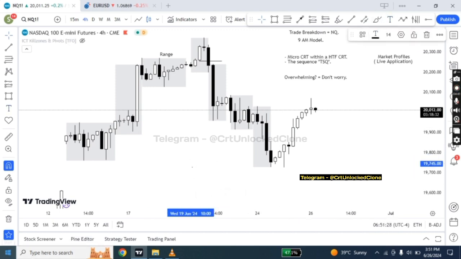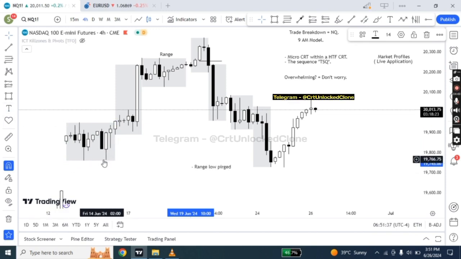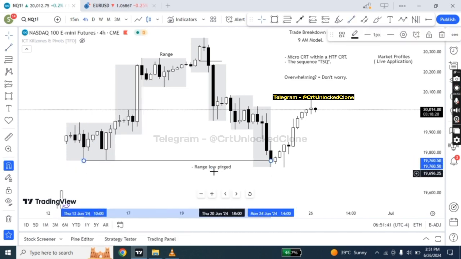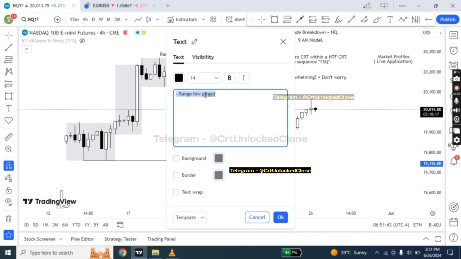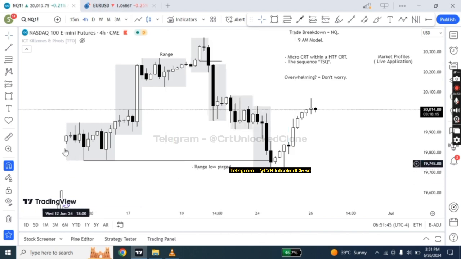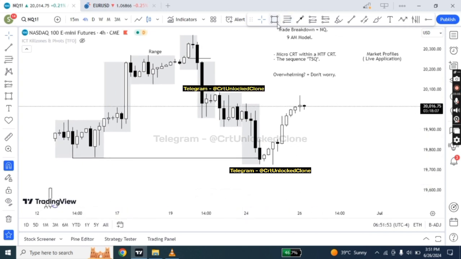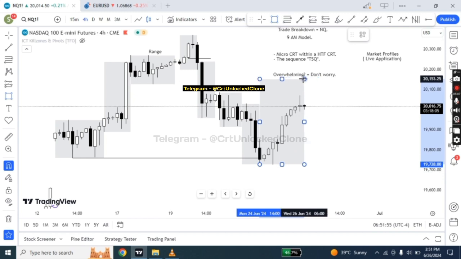The first factor is that this expansion right here took out this range low, and once a range low or a key level is taken, it can offer a small reversal there. But not only that, we were also inside of this opening gap, another key level. So those two factors together made me decide that I'm going to expect a reversal profile right here.